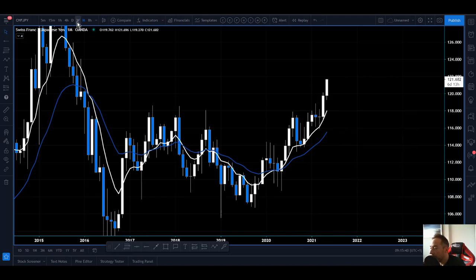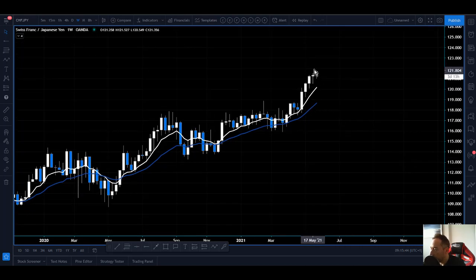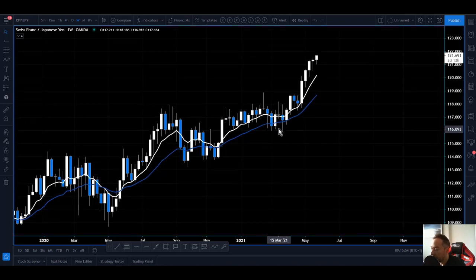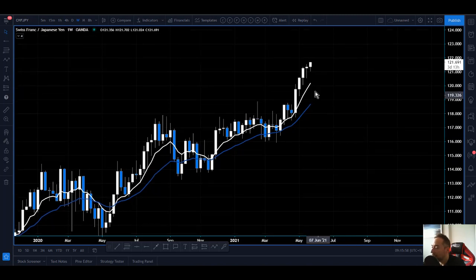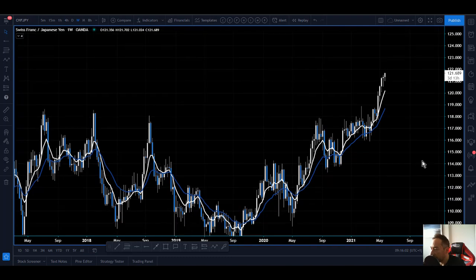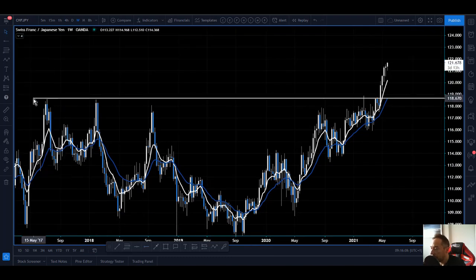If we look on the weekly, we can see the impulse movement here. We can see that on the weekly it's been prone to come back into the 8 moving average, and then we've seen buyers come in again, but occasionally it can have a pullback into the 20. So I'd be looking for at least price to pull back into that weekly 8 moving average, but there's a chance that it could pull back a little bit further.